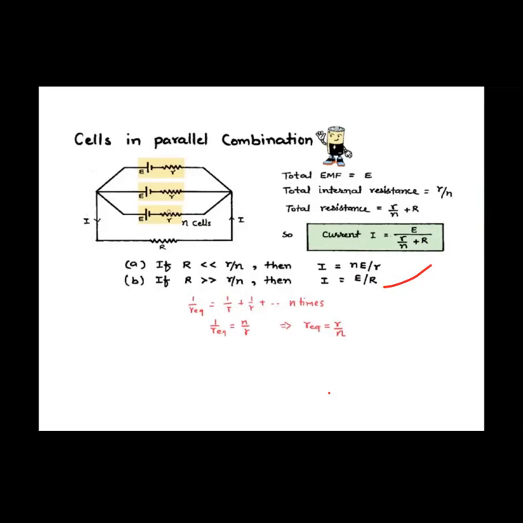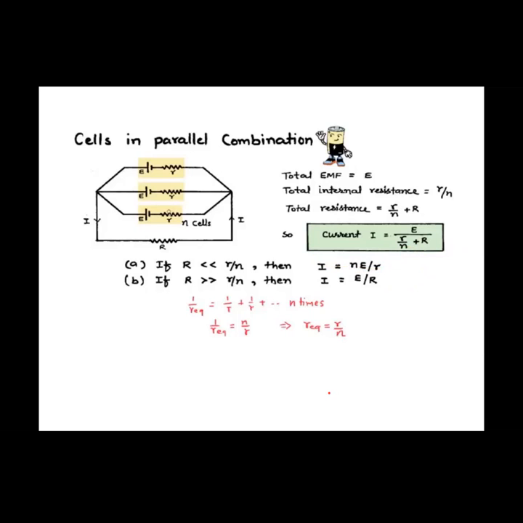Yes, the current is maximum in this condition because here the current is n times, right? This is the condition when the external resistor which you have connected in the circuit is negligible as compared to the total internal resistance Rn, then the current flowing in the circuit will be maximum.